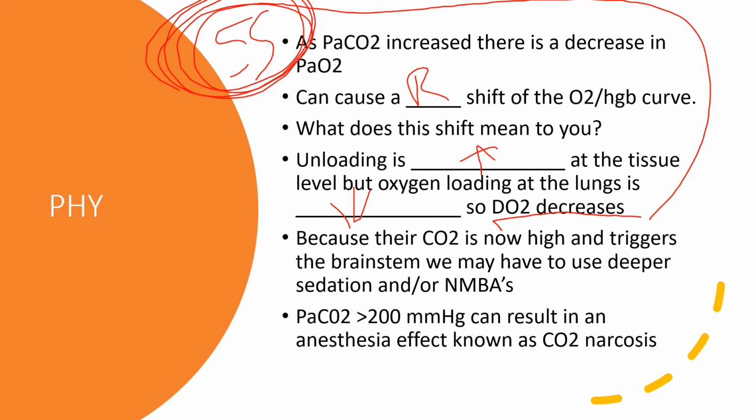So how else does your body respond when you start putting someone in permissive hypercarbia? Well, if your CaO2 decreases, because your saturation decreases, then your body's going to try to compensate to deliver more oxygen to the tissues by increasing the cardiac output, right?